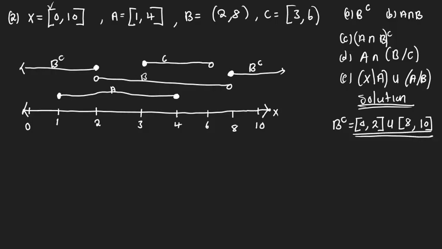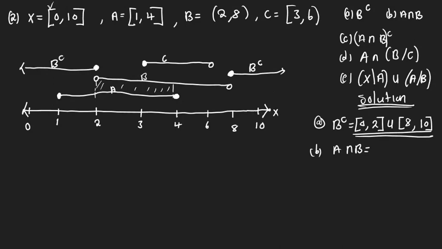We go to B. We have been told that it's A intersection B. So where is A and B intersecting? Okay, so they are intersecting at this particular point. This is the region where these guys are intersecting.